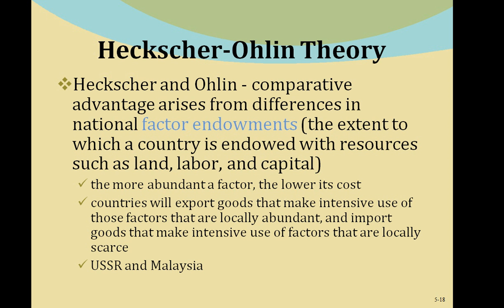Now we go ahead to the Heckscher-Ohlin theory. So we see here, comparative advantage arises from differences in national factor endowments. Heckscher-Ohlin says if a country has abundant resources, I mean a lot of resources, factors, with lower costs, then the country is better off exporting the goods produced by its abundant factor endowment.